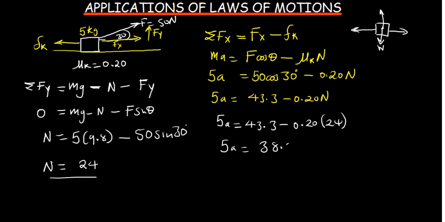To remain with 5, divide both sides now by 5. So if you divide both sides by 5, that will give you acceleration to be 7.7 meters per second squared. So this is how you work it out in such a case. Any question?